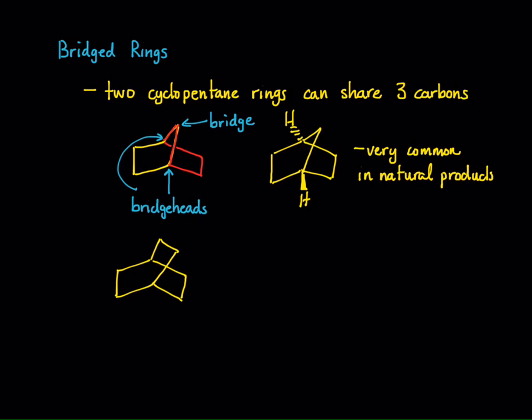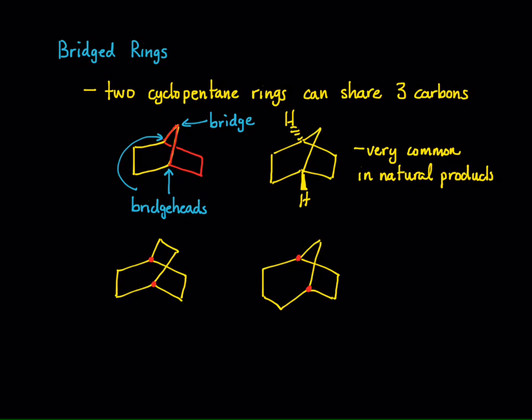Now I can have bridged compounds that have different sizes of bridges. So here I see these are the bridgeheads, and now I have a compound that has a 2 carbon bridge, because that would be the smallest one. And of course I can have various ring sizes. So here I have the bridgeheads right here, and there's a 1 carbon bridge there.